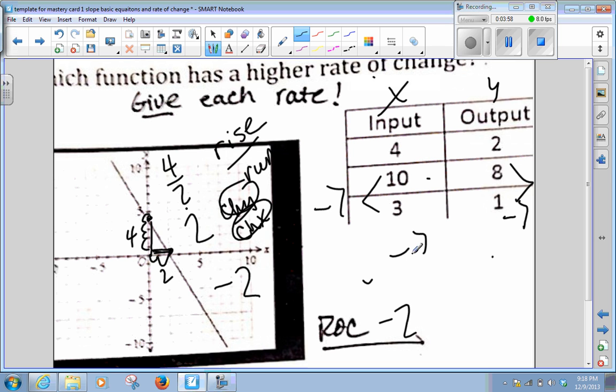So a negative 7 over a negative 7. Remember, our change in y over our change in x still simplifies to a positive 1. So either way that we do it, our rate of change is still a positive 1. And in this case, a positive 1 rate of change is bigger than a negative 2 rate of change. So that means that the table was the higher rate of change.